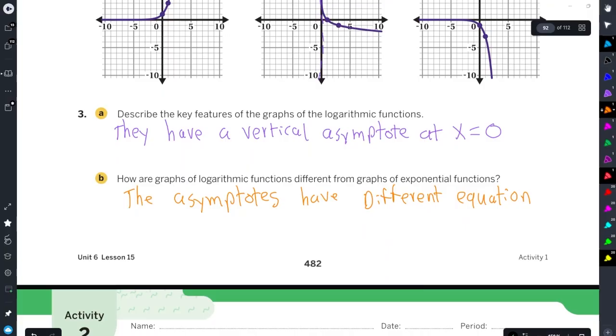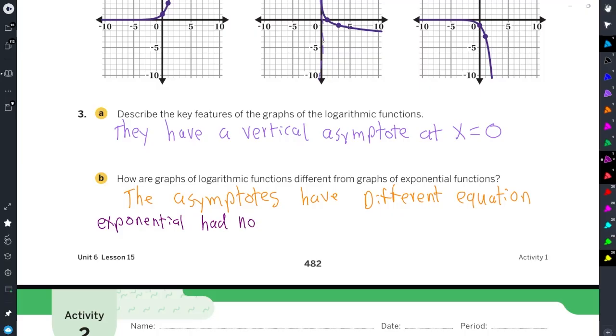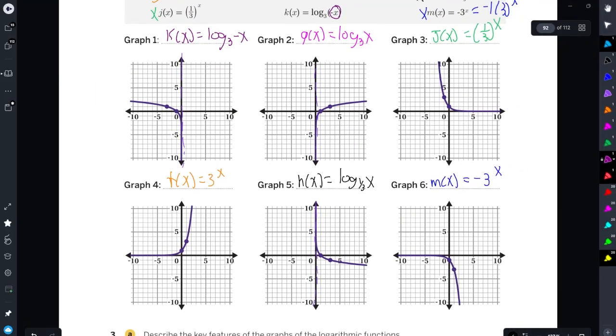And that's because they're inverses of each other. So exponential had no x-intercept. Logs had no y-intercept. Now, once we start transforming the functions left, right, up, or down, that may not always be true, but based on these graphs up above that we're looking at, that is true for the log and exponential functions, that they don't have the same intercepts.